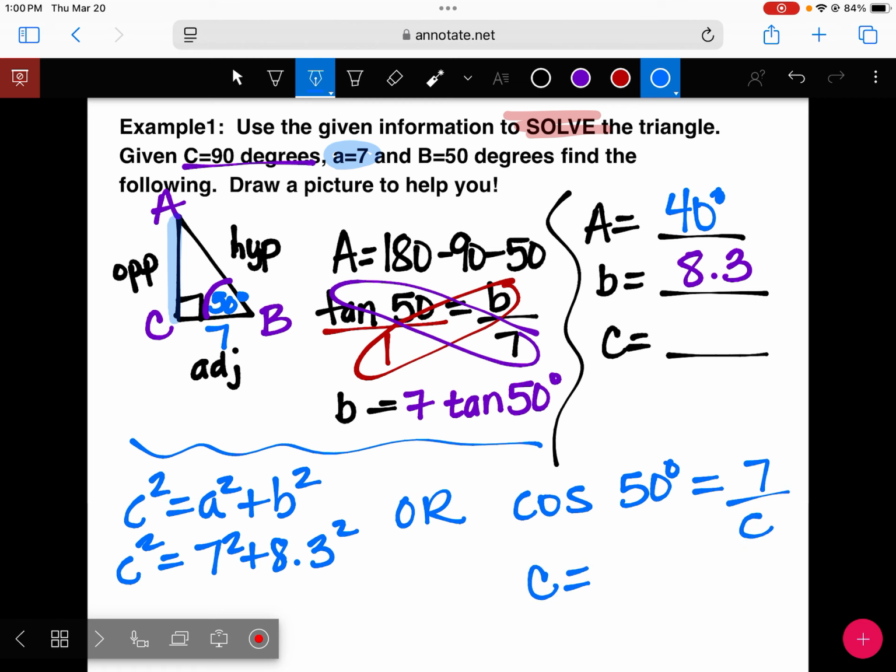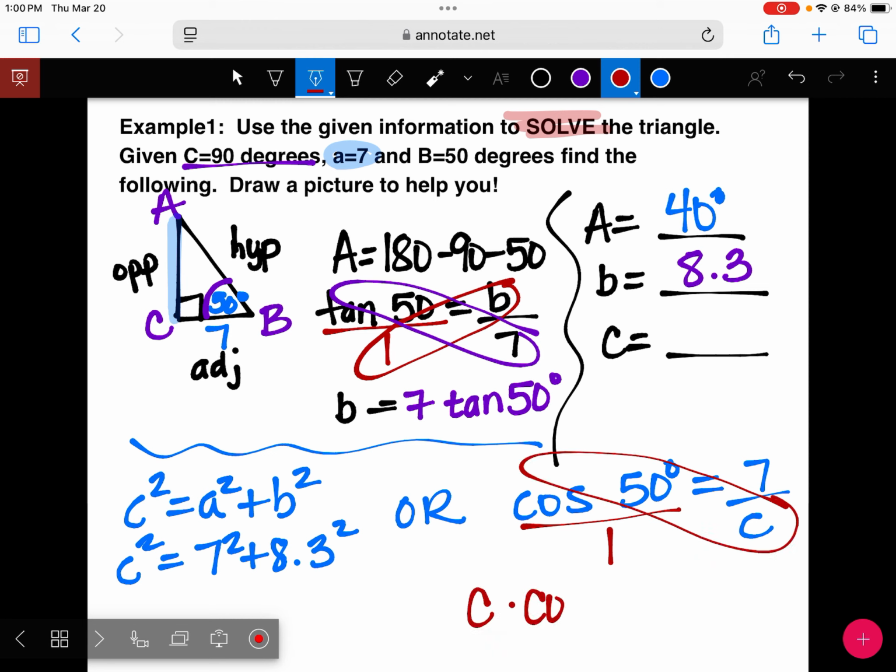C equals... so when you cross multiply it, I'm going to go ahead and put this over 1. When you go this direction, that would be c times the cosine of 50. My c looked like a 5.